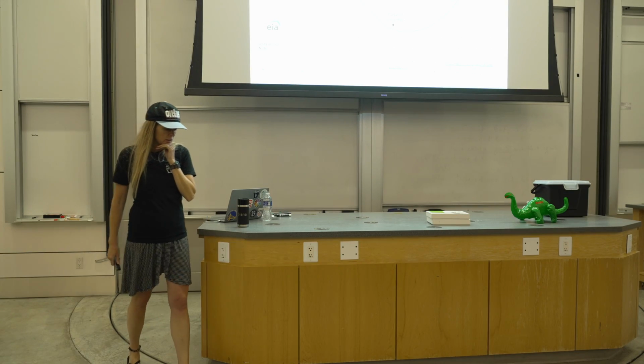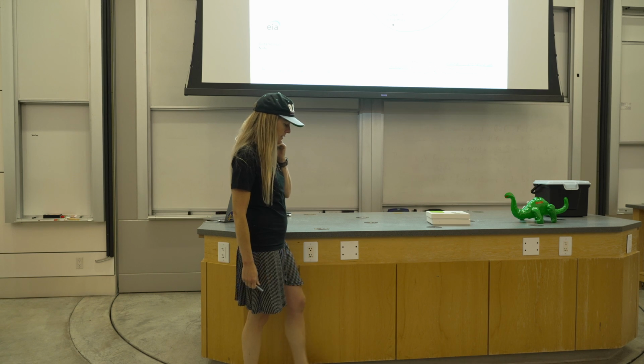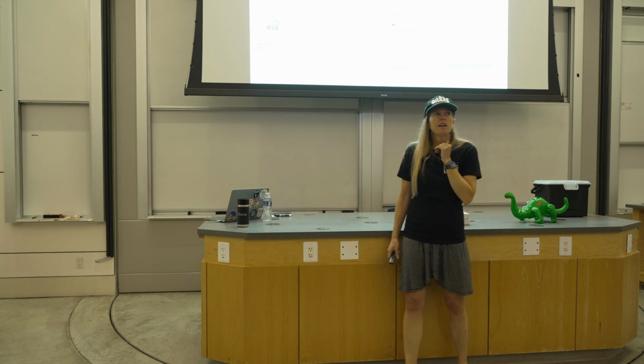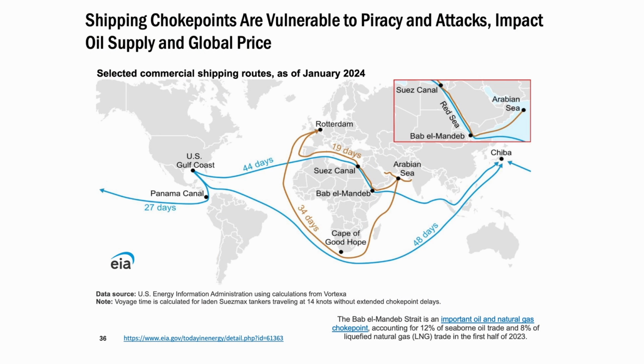So we move the oil around, and at times, and you'll hear this in the news, right, it's subject to piracy. There are choke points in our global shipping system that make it vulnerable to piracy, to groups trying to impact policy by disrupting oil trade. And so this is just showing what some of those routes are.